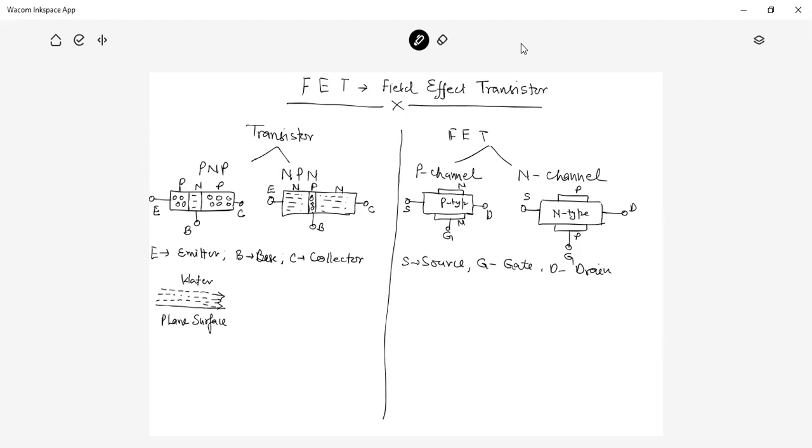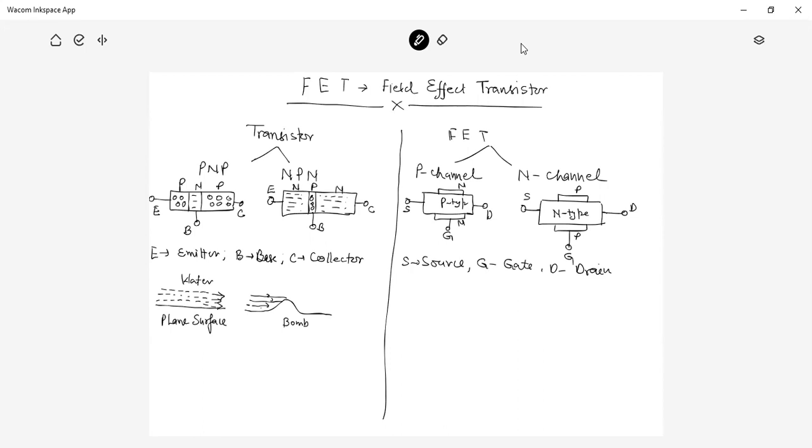If the surface is not plane, what will be the possibility? Something like this. If water is there, up to this level, this is your bump, and up to this layer water will stay and there is no flow.